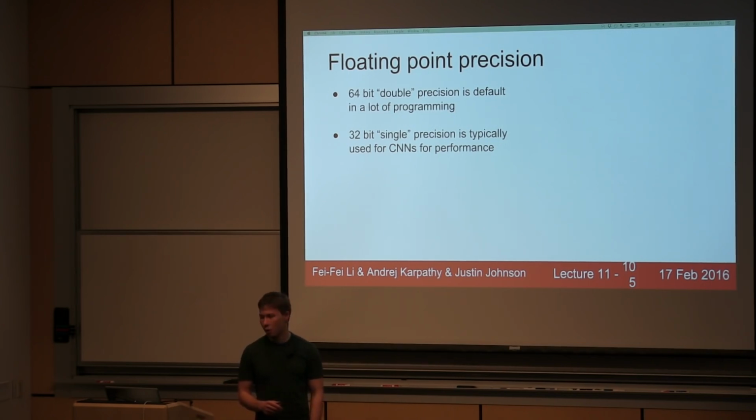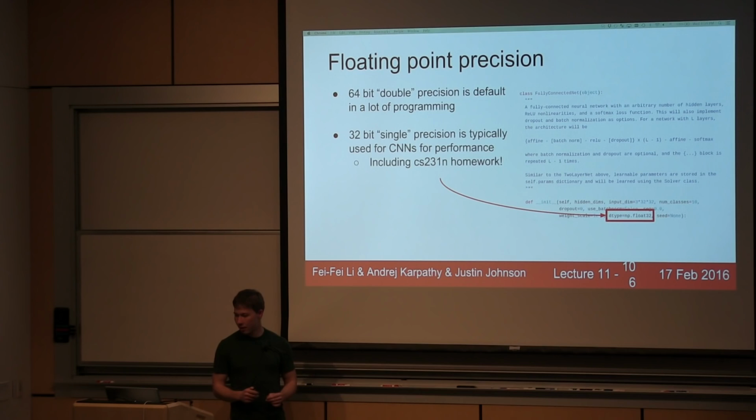More commonly used for deep learning is single precision, which is only 32 bits. If each number takes fewer bits, you can store more of those numbers within the same amount of memory. Also, with fewer bits, you need less compute to operate on those numbers. So in general, we would like smaller data types because they're faster to compute and use less memory.